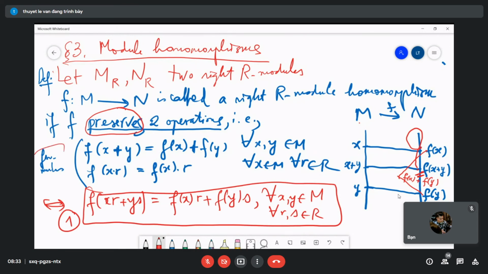But I would like to emphasize, because that is the plus and then also the multiplication, so I say that it preserves two operations. Okay, that is very important because there are two operations.